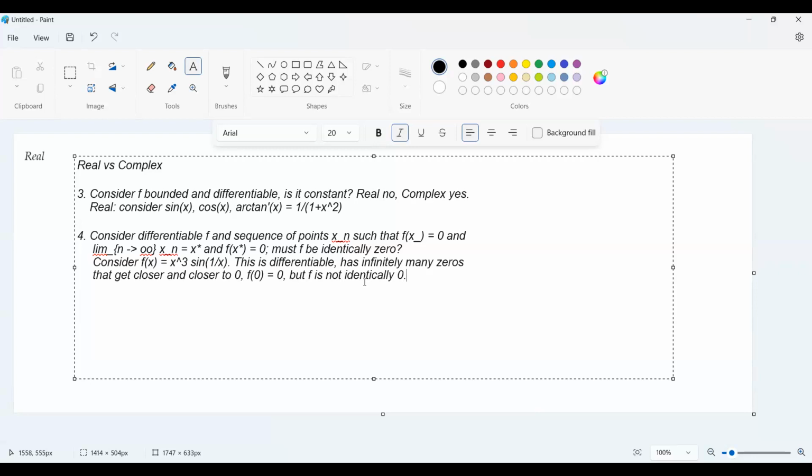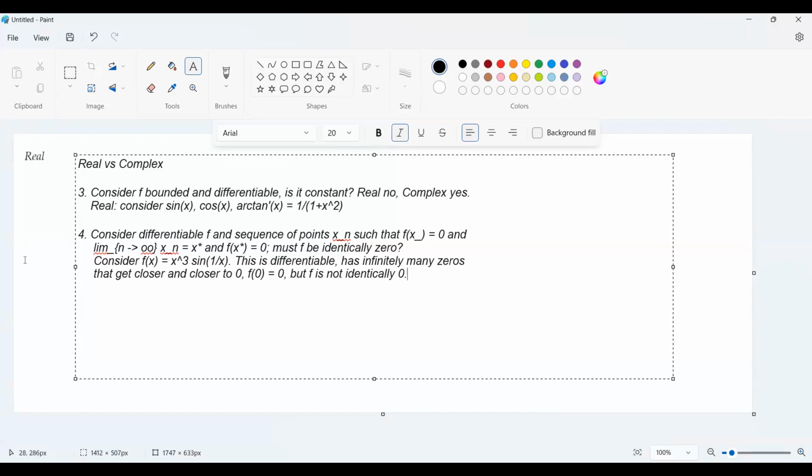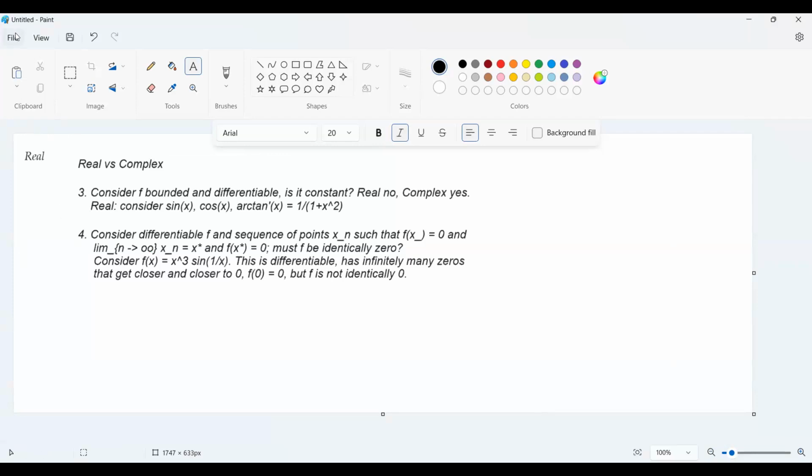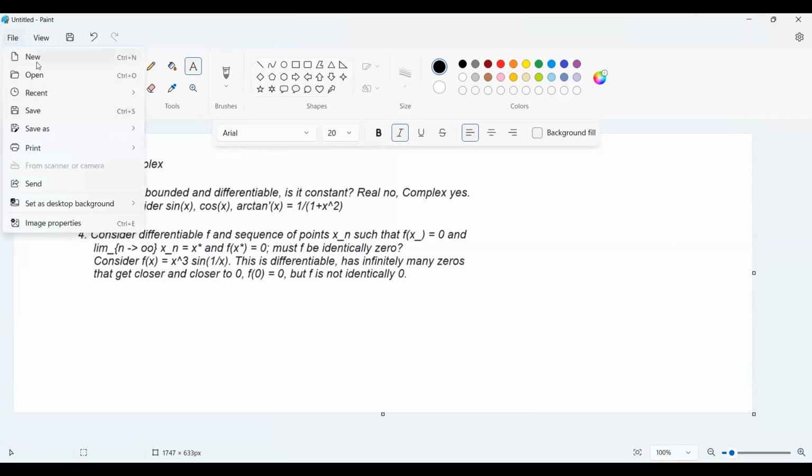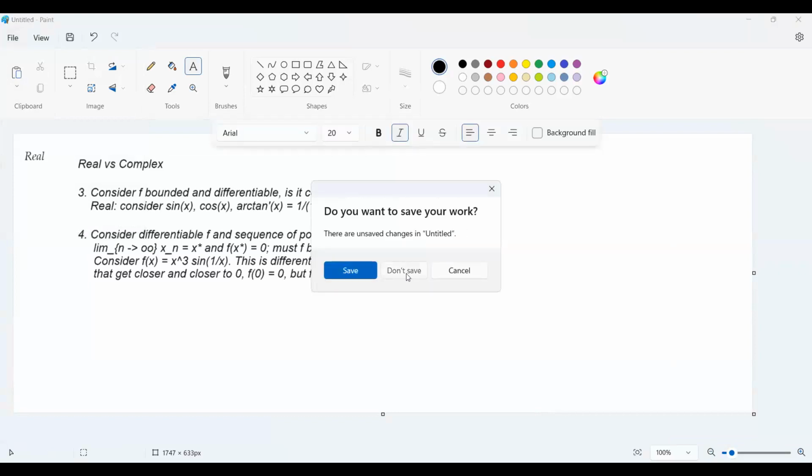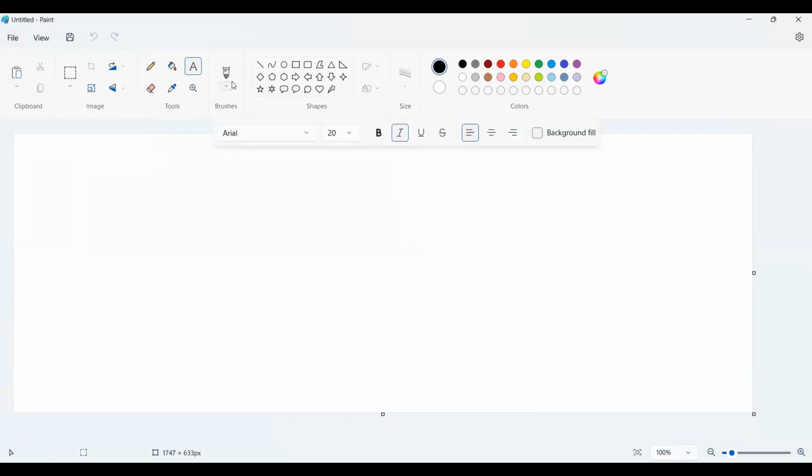So what I hope this does is give you a sense of the difference between real analysis and complex analysis. In real analysis, it's very expansive. And so I'll end with the following. Let's consider real analysis.